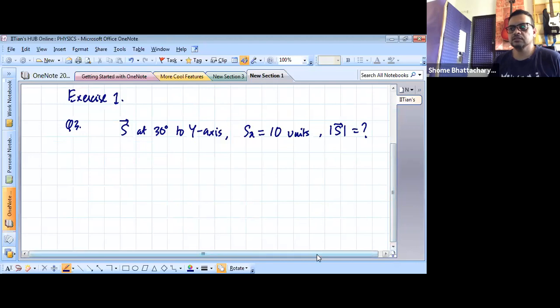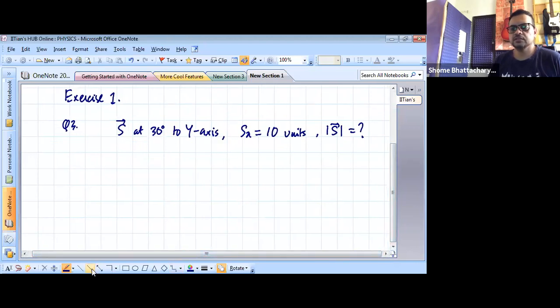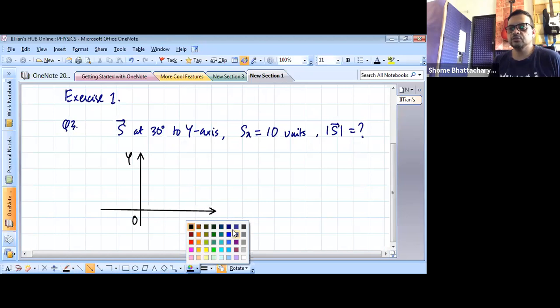this vector, if you place it in the xy plane, the vector should be such that its x component is positive and it's making an angle with the positive y-axis of 30 degrees. So that means it can only lie in the first quadrant.